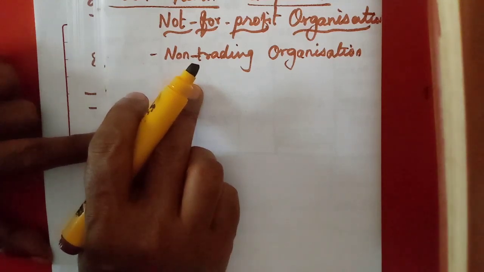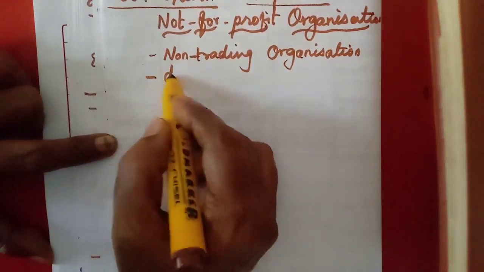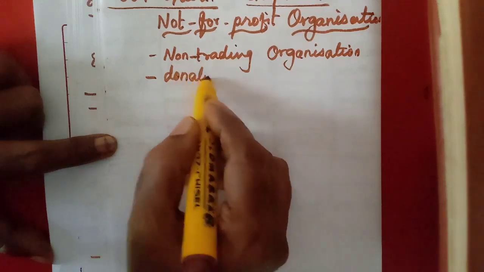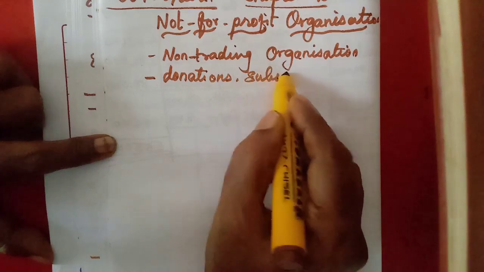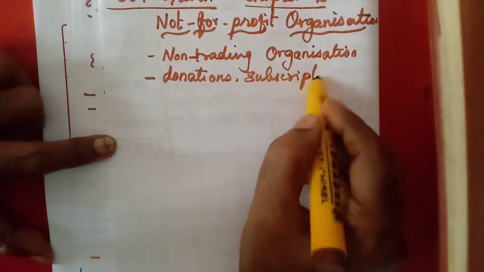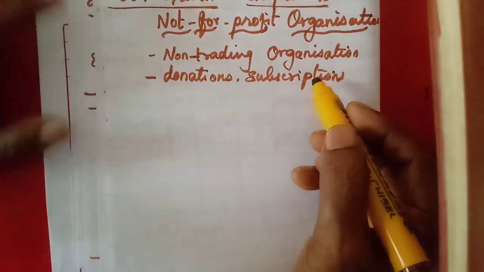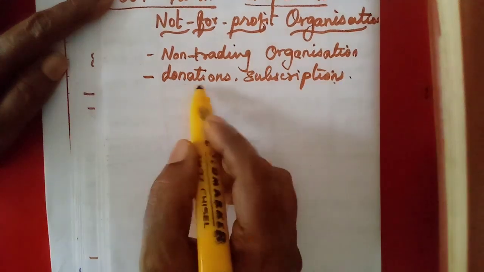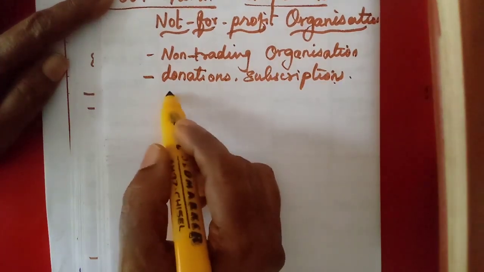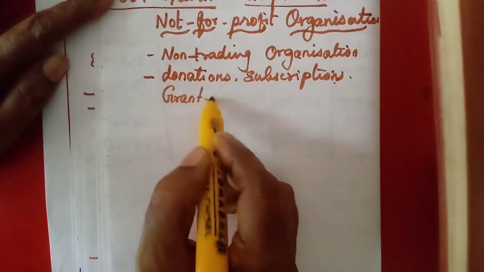So in order to meet those financial requirements, they get money either from donations, or they receive subscriptions from the members, donations from people, or grant-in-aid from the government.